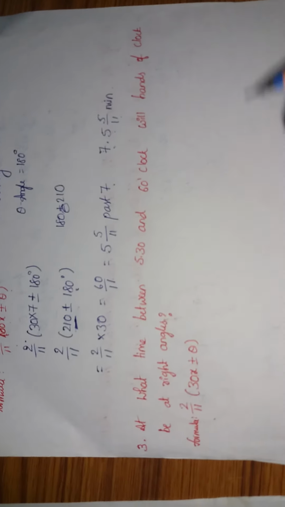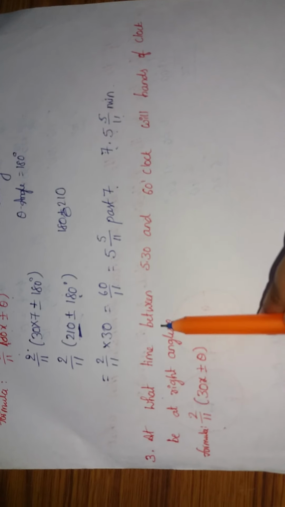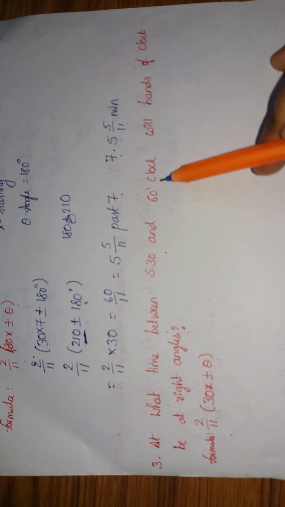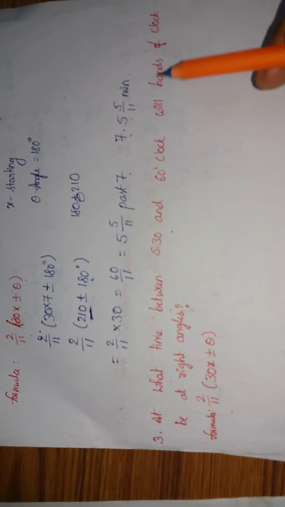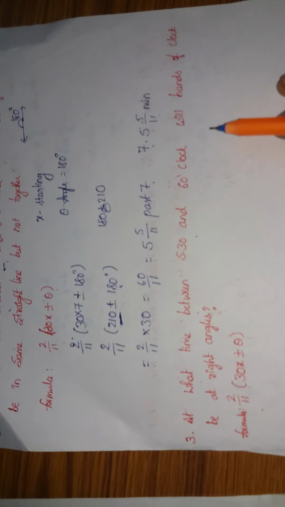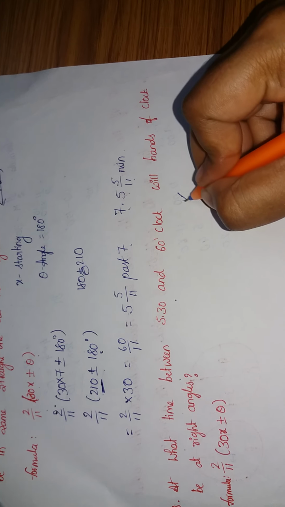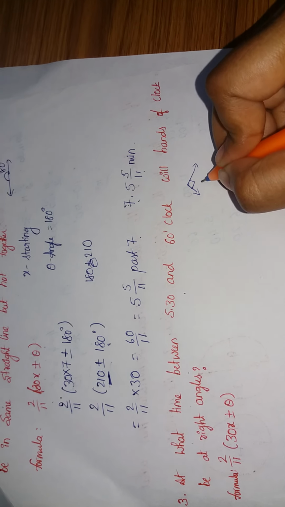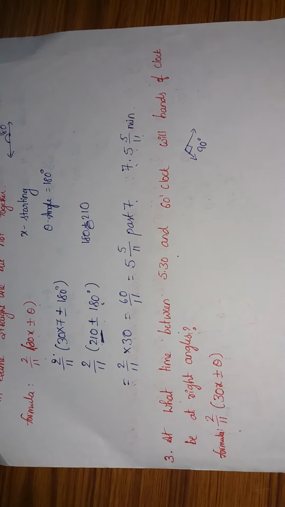So let's move to another question. At what time between 5:30 and 6 o'clock will the hands of a clock be at right angles? We know that right angles mean the two hands are at a position of 90 degrees.